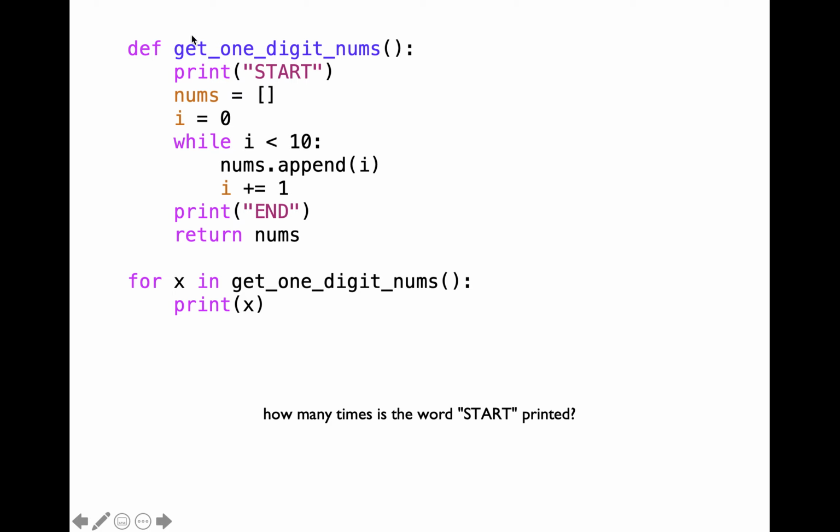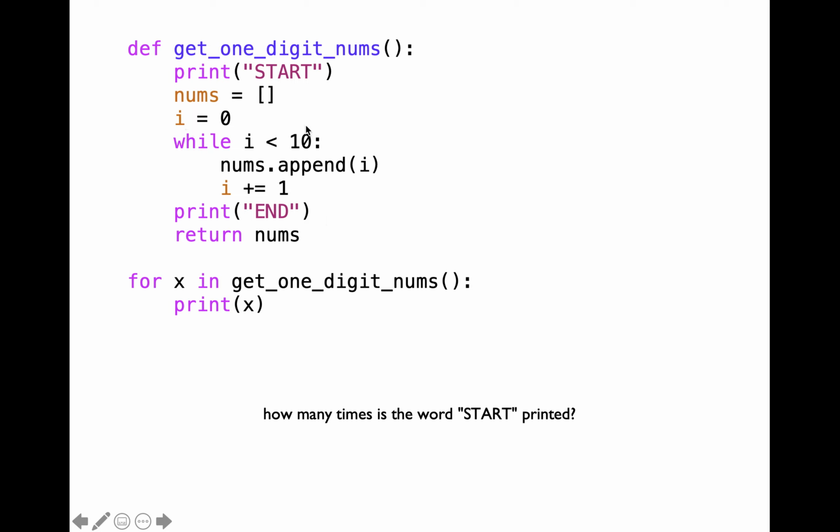So let's go through the function to understand what will be the return value out of it. So we are making the function call one time and the first line will display start. Then we are initializing an empty list. After that, I have a while loop. The counter for while loop is i. So the increment is going to be 1 here.